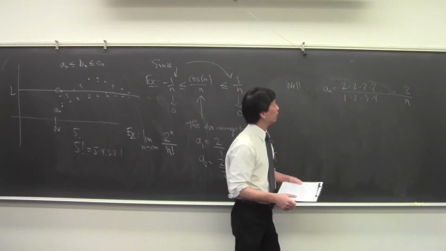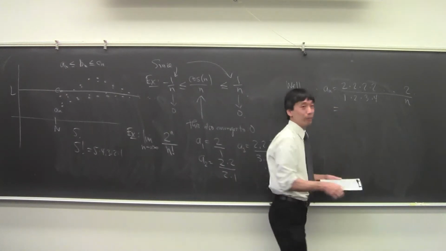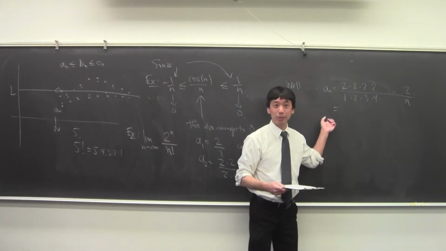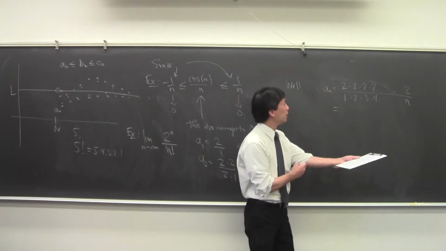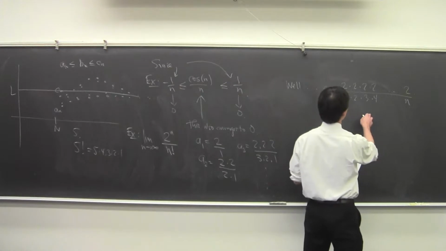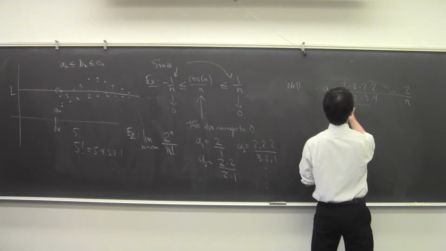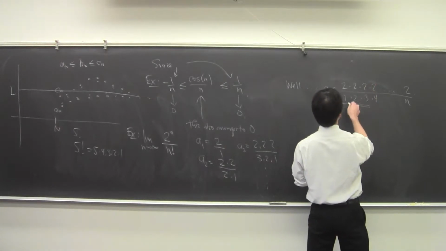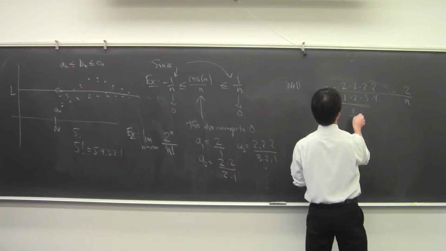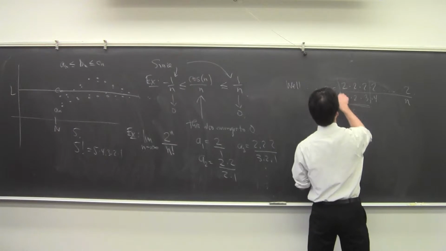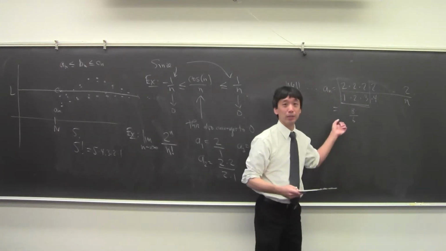Okay, so here's one way of expressing this observation of Hunter's using the squeeze theorem. You say, well, look, a sub n. I've got this number here, 8 over 6. The first three numbers give me this 8 over 6.